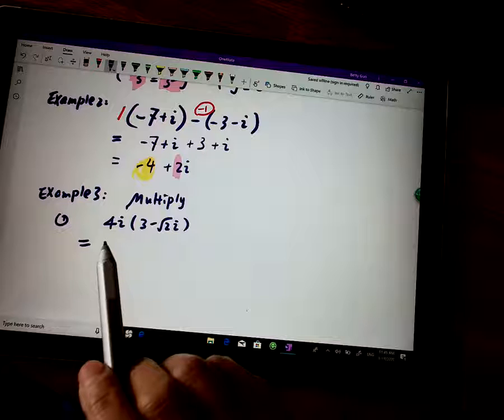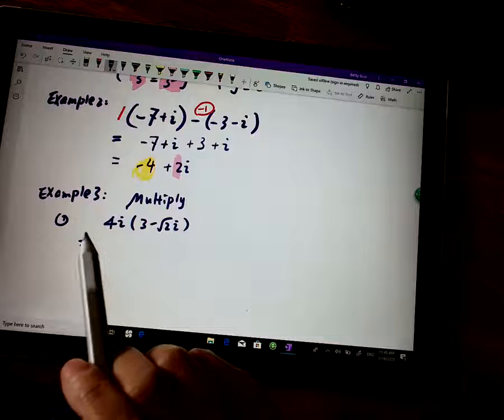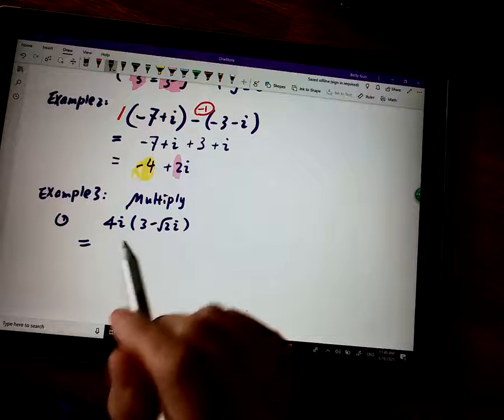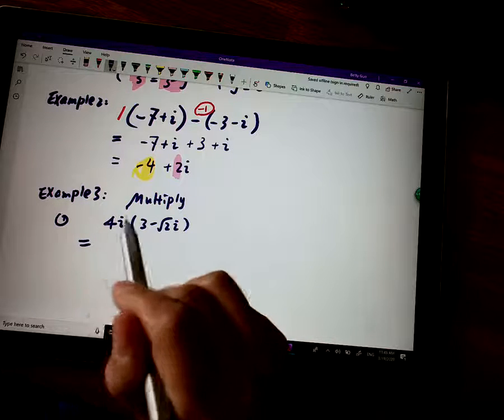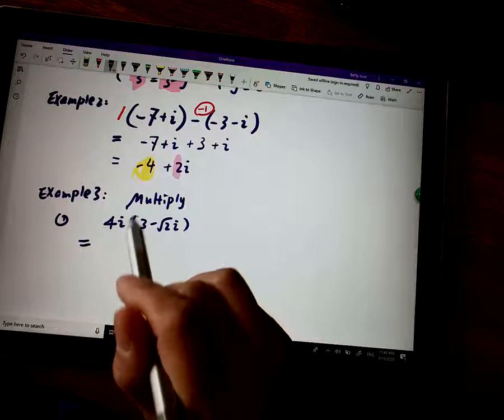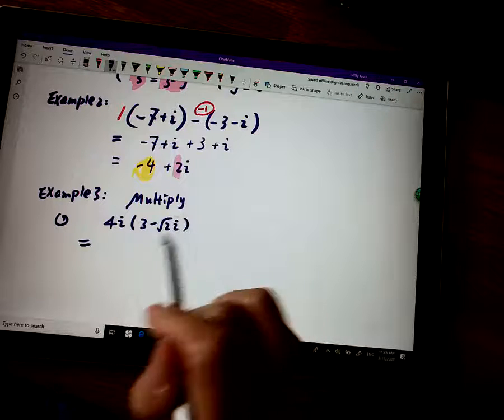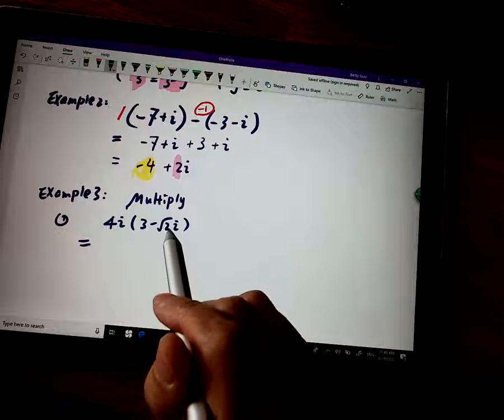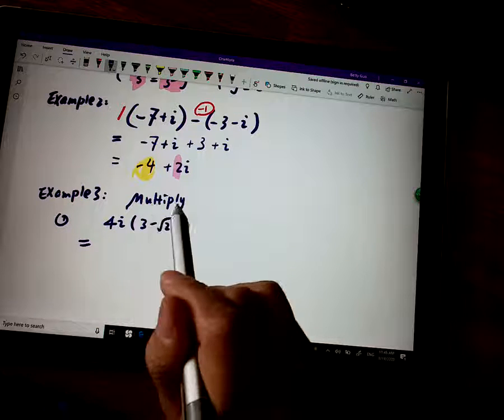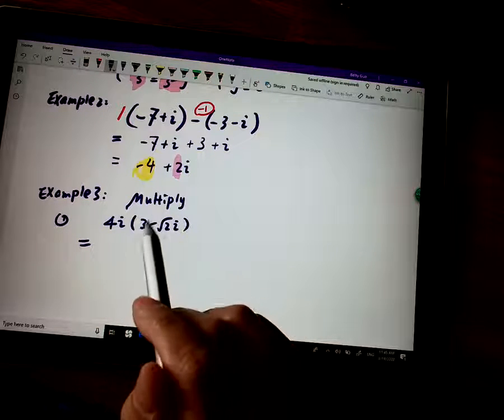Whatever properties we have learned in the real number set apply here as well. In this case, you can see 4i as a coefficient of the parentheses. So in order to simplify this expression, we'll do multiplication when we get rid of the parentheses, right?